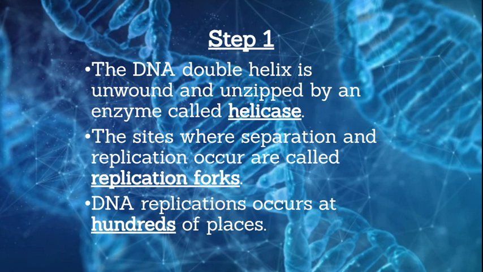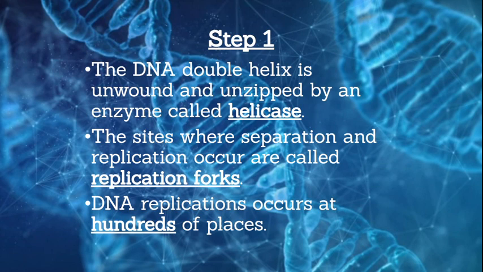And just imagine you're unzipping your jacket. Your base pairs are going to separate through the DNA molecule to make two separate strands, as the enzyme helicase acts as your zipper to separate it. The sites where separation occurs, where we see the separation happening and replication occurs, we call the replication forks.